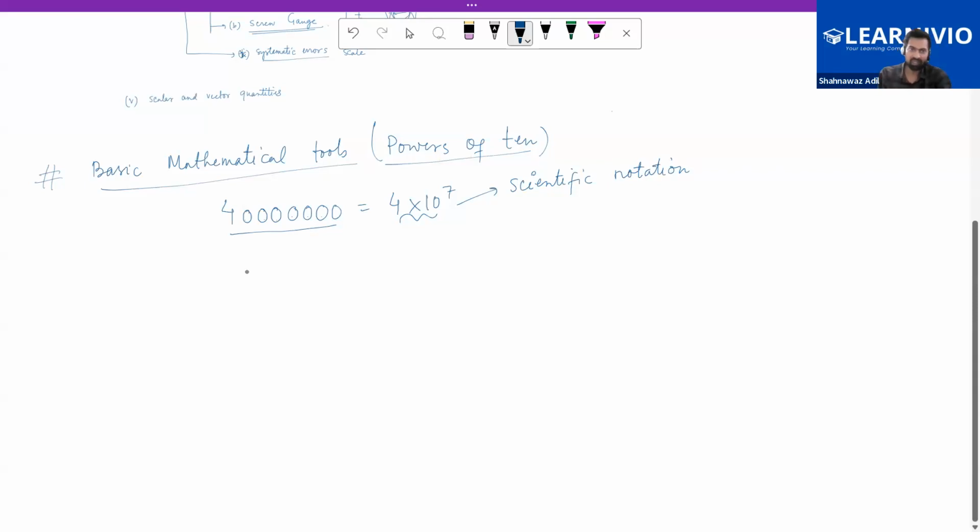We can write these large numbers, or even decimal numbers, like 0.1.